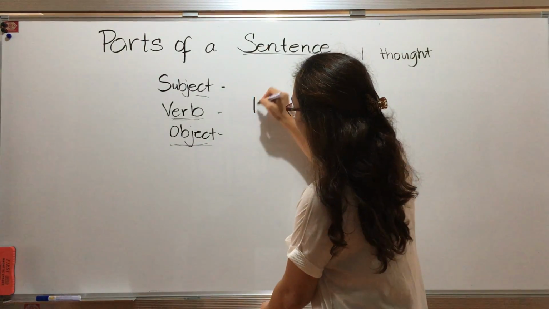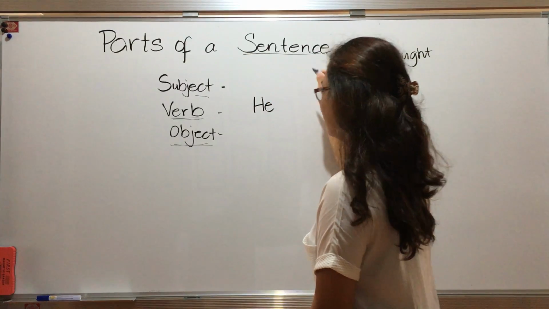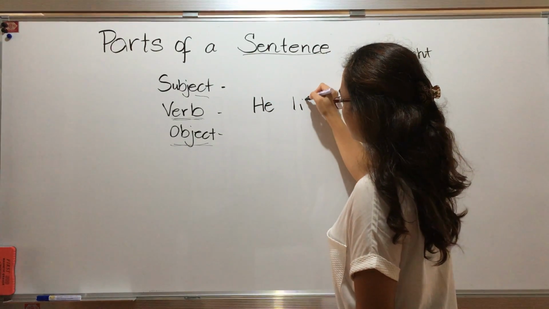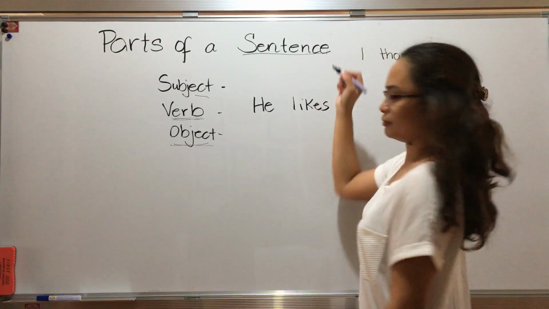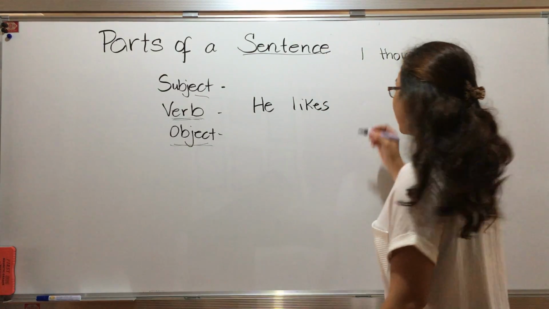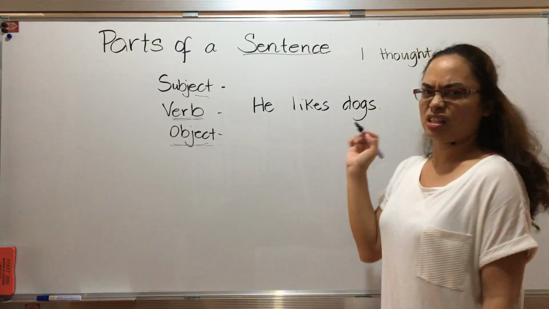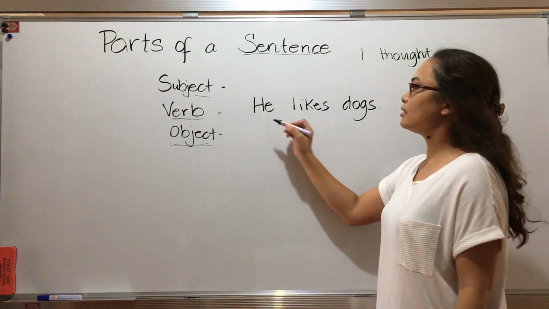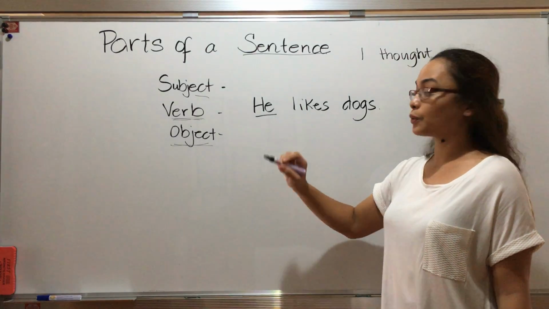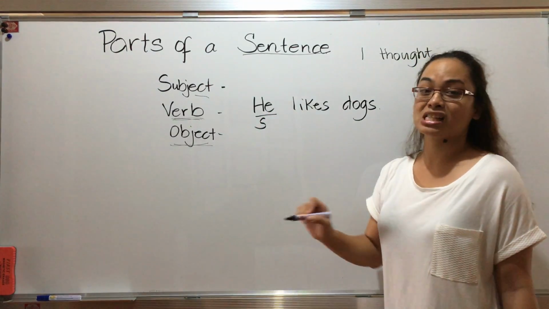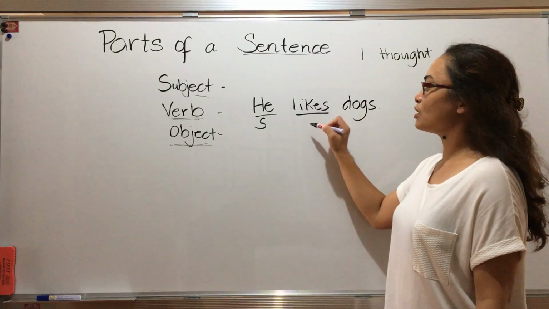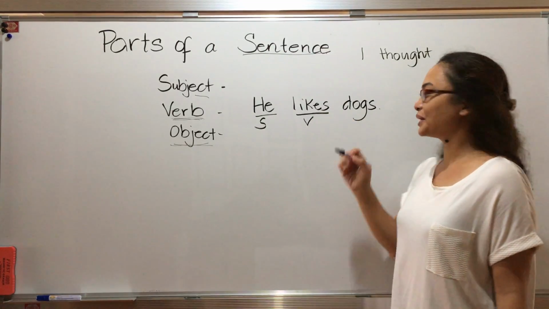We will have an example. We have he likes. You see? He likes dogs. I think everybody likes dogs. But in this part, he will be our subject. Likes will be our verb.